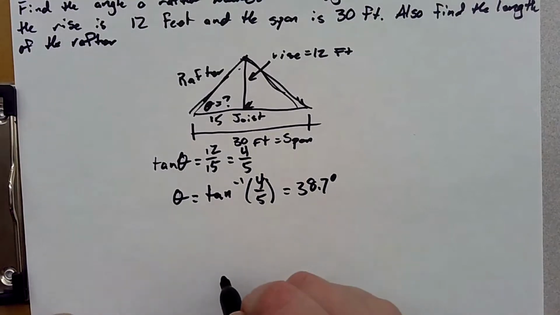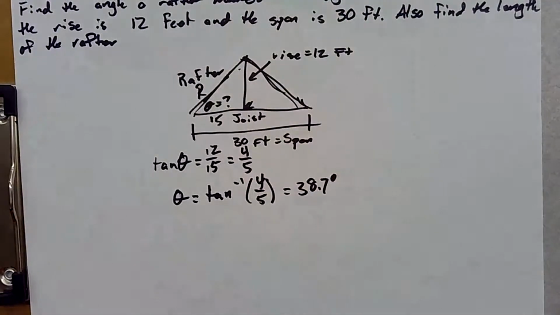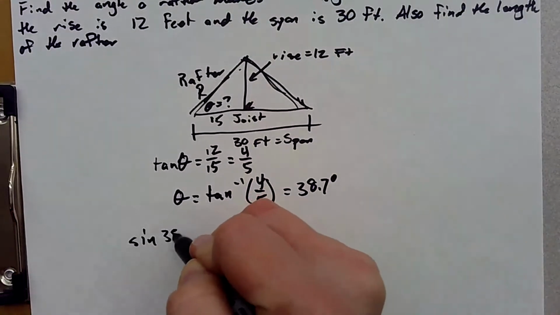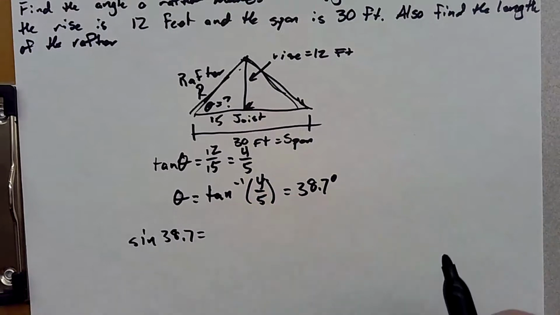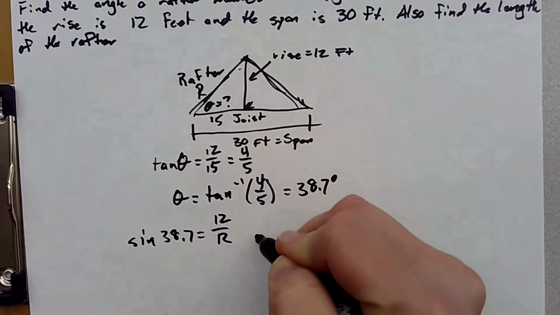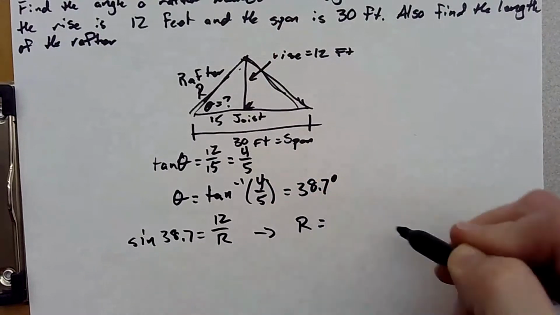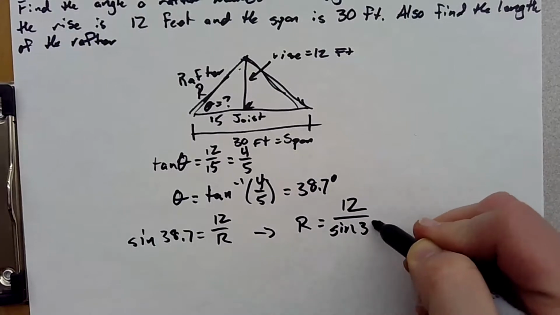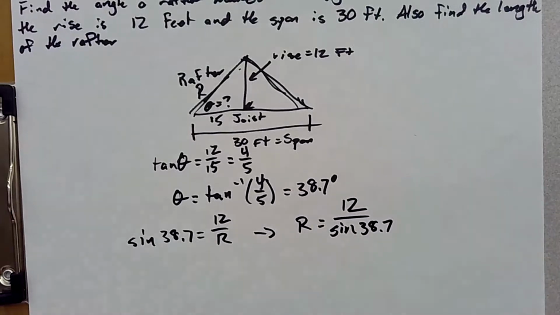I know that we'll call this R, that sine 38.7 is equal to 12 over R. So R equals 12 divided by sine 38.7. And that's 19.2 feet.